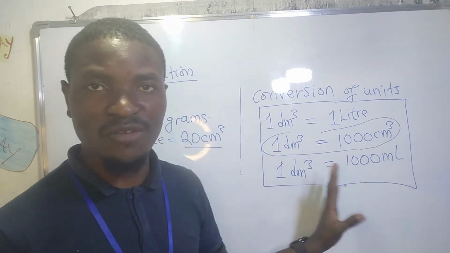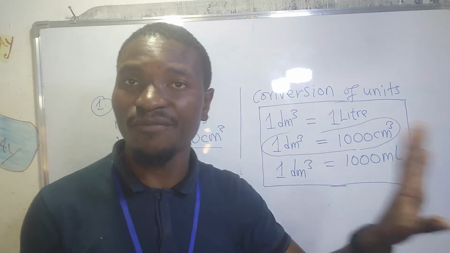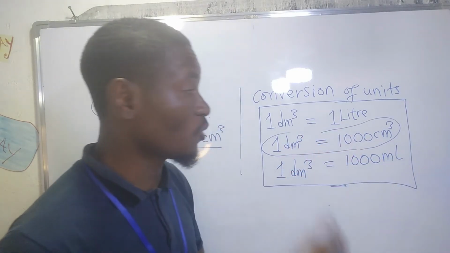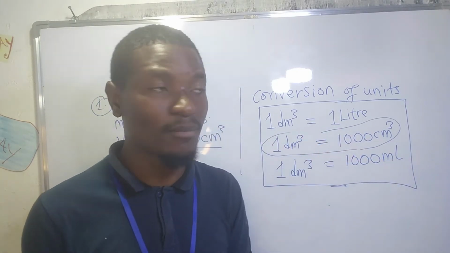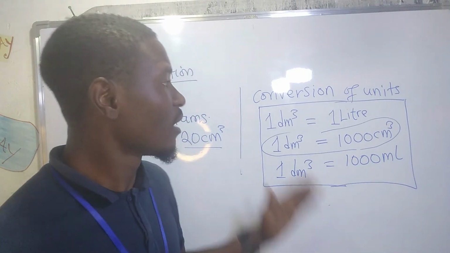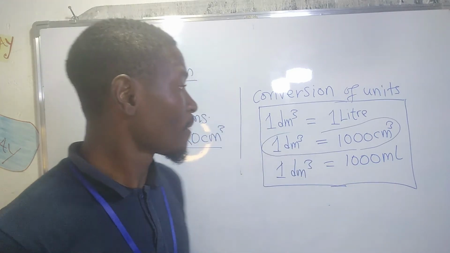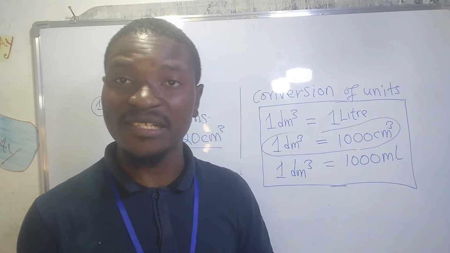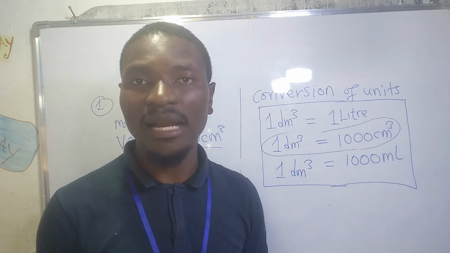If you are given any volume, make sure that you change it to the standard unit. As long as it is volume, the units should be in cubic decimeters or in liters, because 1 cubic decimeter equals 1 liter.